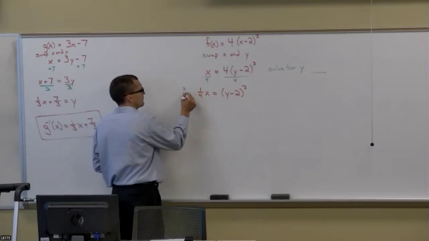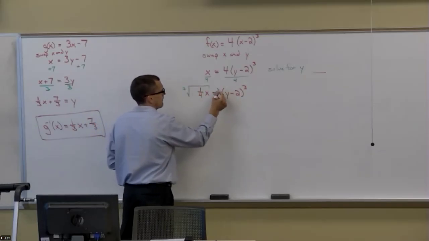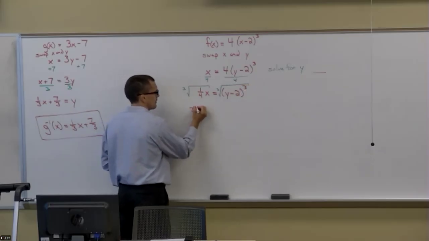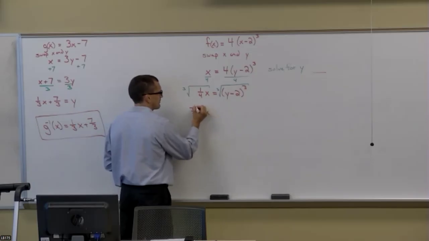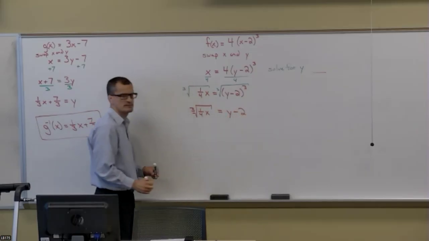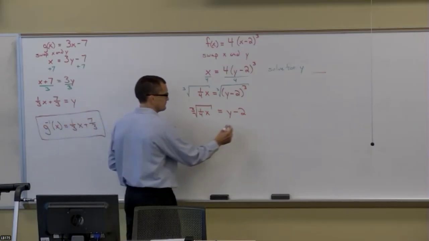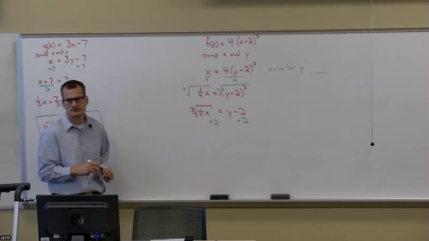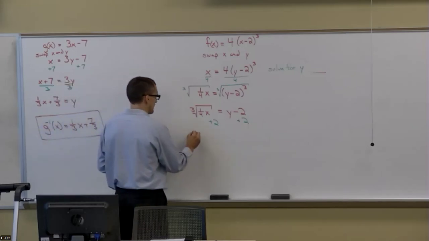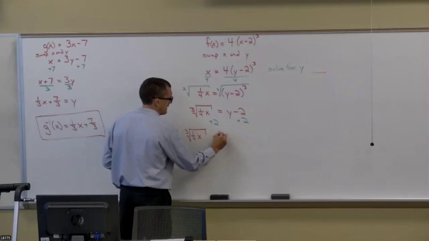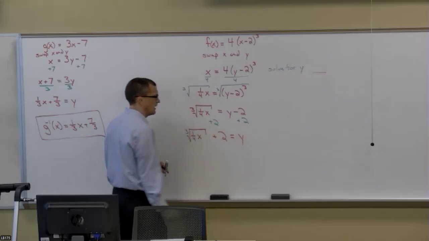So we're going to take the third root of both sides, which gives me the third root of 1/4 x is equal to y minus 2. And then I'd add 2 to both sides. When you add 2, make sure it's not underneath the root, apart from the root. So we're getting the third root of 1/4 times x, and then plus 2 is equal to y.